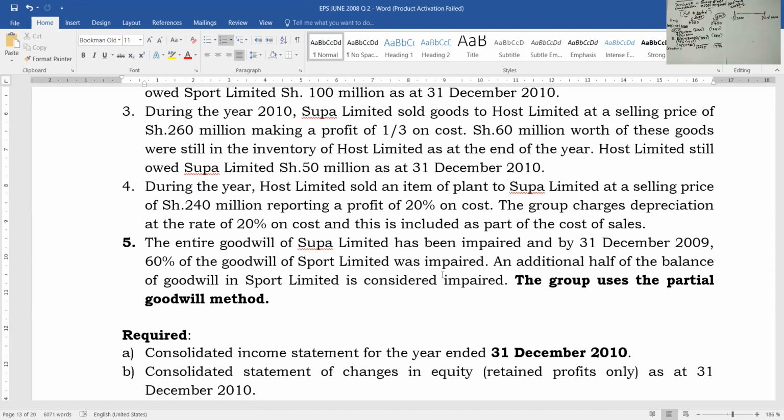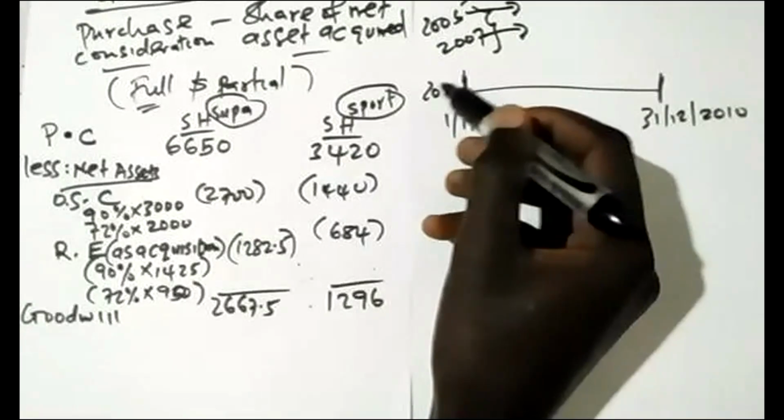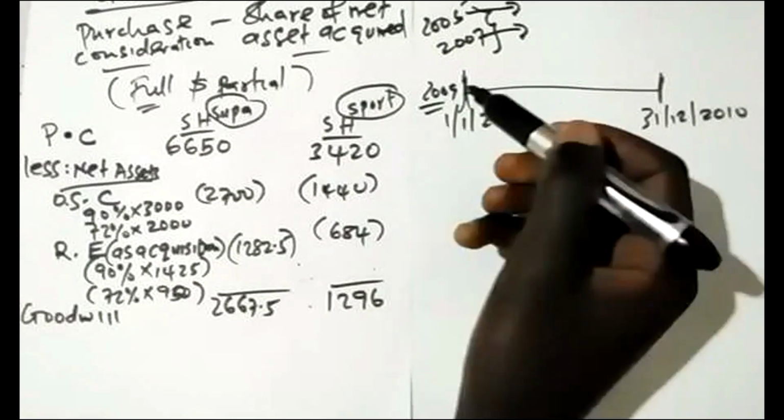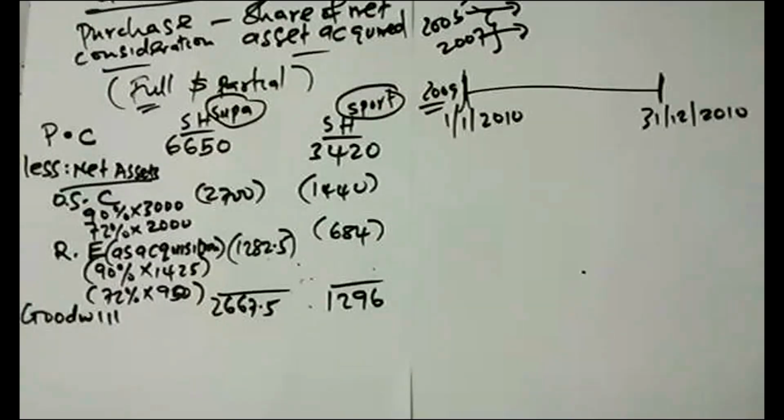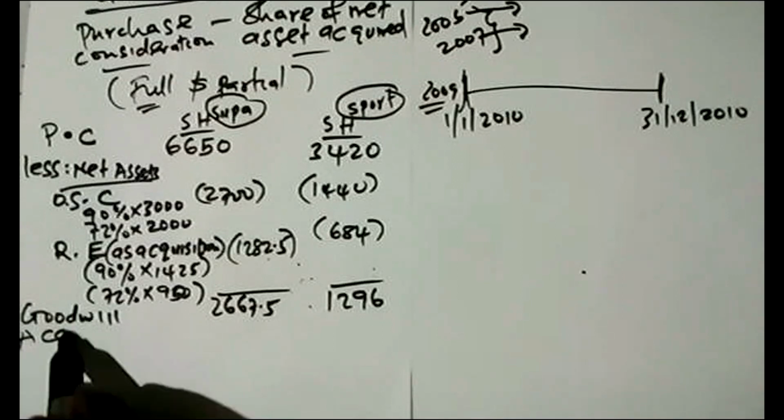That one can never be the impairment for 2010 because that is immediately 2009, before we enter 2010. So since we computed the goodwill from the time of acquisition, reaching 2009, the entire goodwill of Super has been impaired. That one we call accumulated impairment.